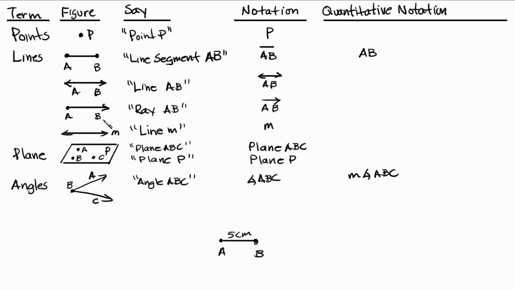And another way to write a line can be just with a lowercase letter, but you would say line M, or this could be line L or line K, and you would just write it with a lowercase m. So in your proofs or what have you, you could just say M intersects PQ and RS.